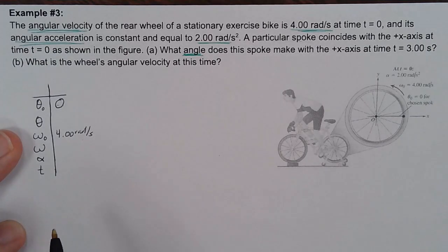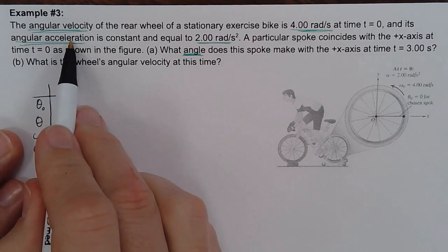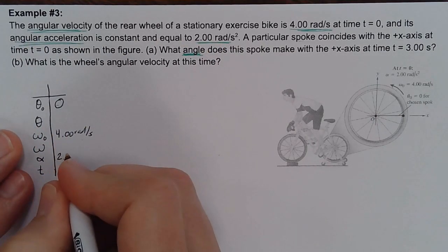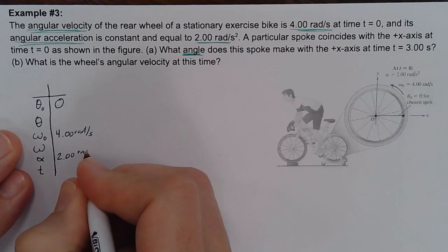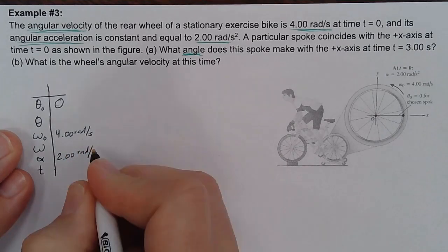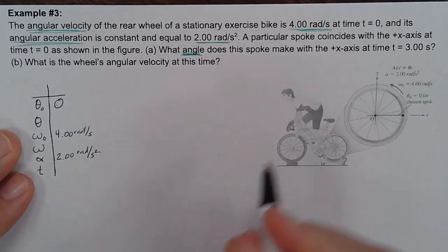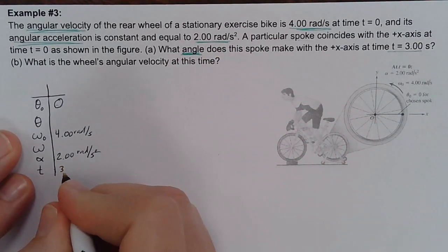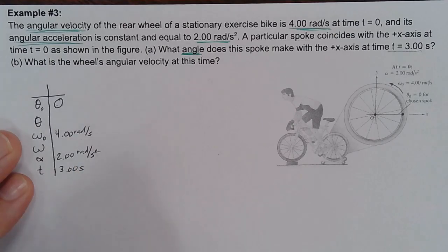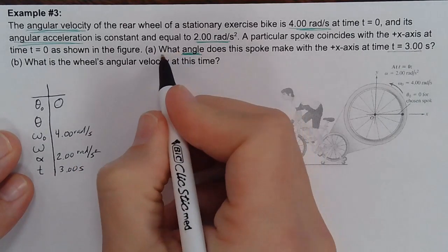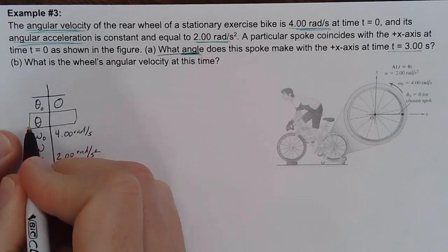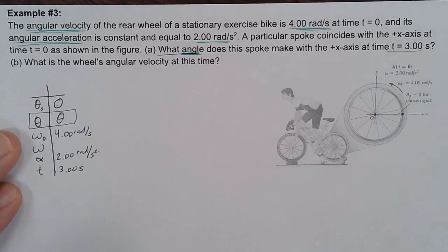It needs to be radians. They give me the angular acceleration, which is 2 radians per second squared. So I can go 2.00 radians per second squared. All right? And then they do give me the time, which is 3.00 seconds. Okay? The question is asking for the angle, or what is my angular displacement. So this right here is what I'm looking for.